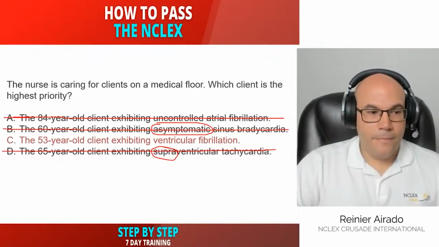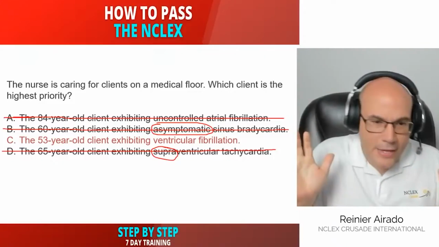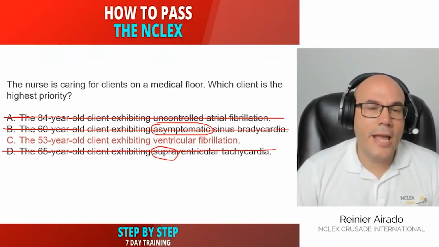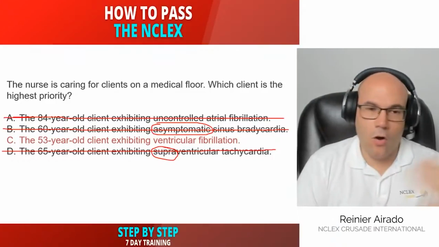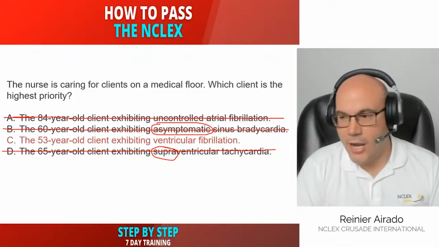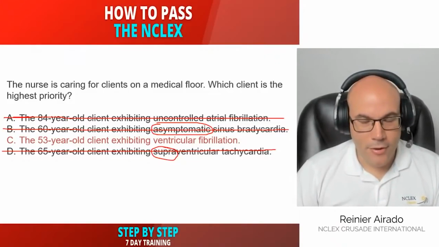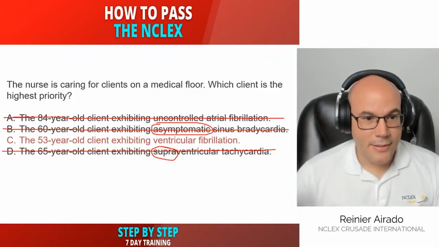Now, you may look at this question and say, oh, professor, this is easy. I know ventricular fibrillation is the answer over supraventricular tachycardia, over asymptomatic sinus bradycardia, over uncontrolled atrial fibrillation. However, I am teaching you thinking process.